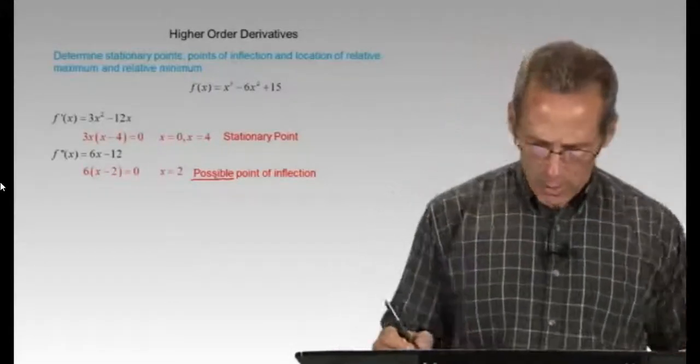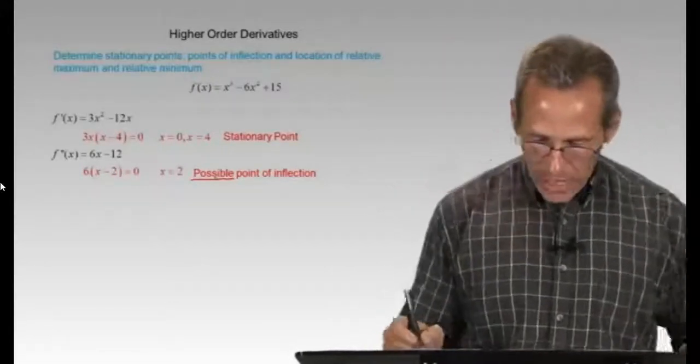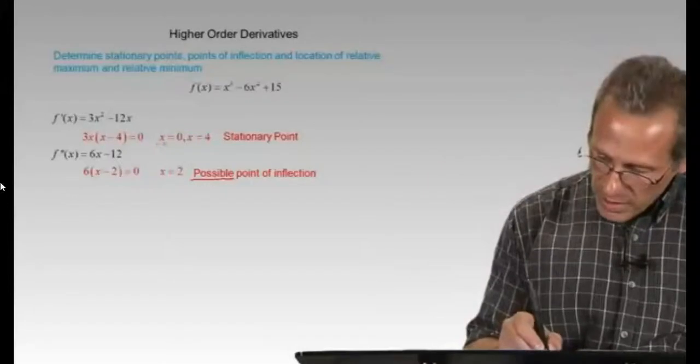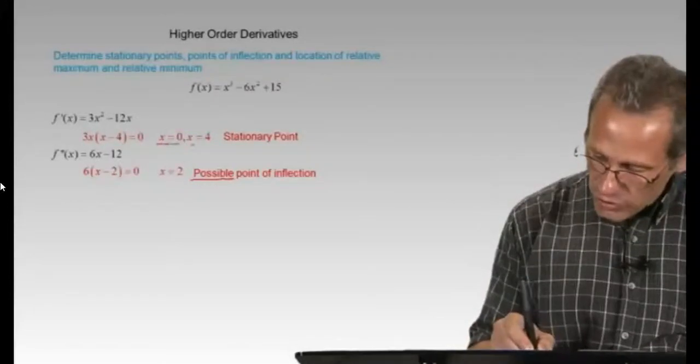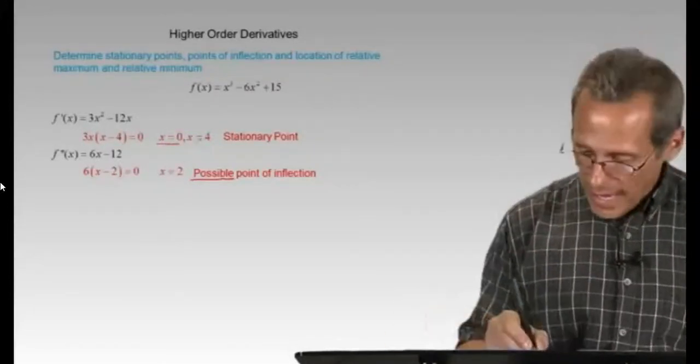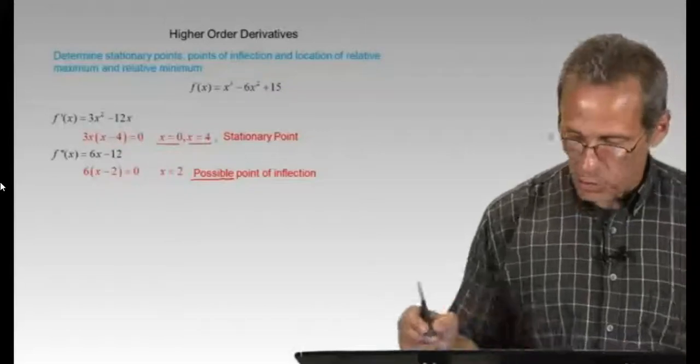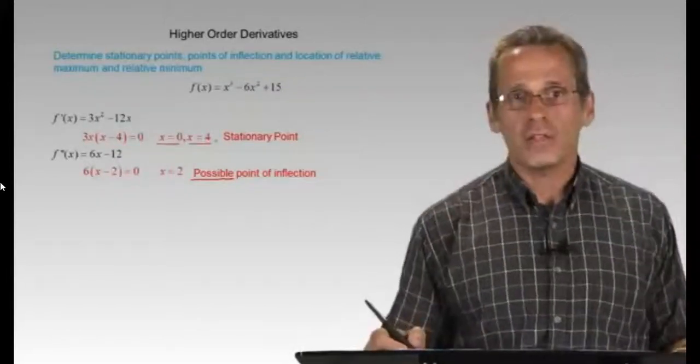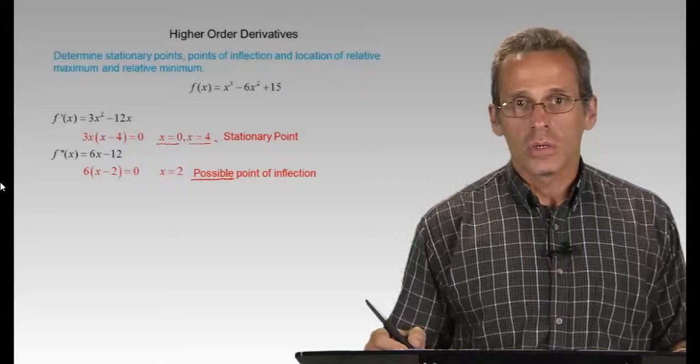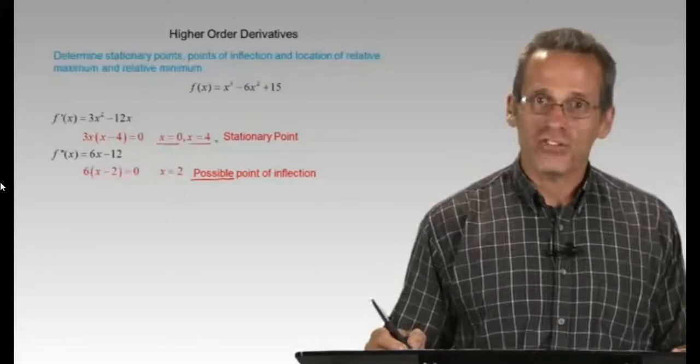The strategic part comes from the fact that we pick carefully, and we'll choose 0 for the point left of 2 and 4 for the point right of 2, because this will enable us to kill 2 birds with 1 stone. We will be able to find the relative extrema at this moment.